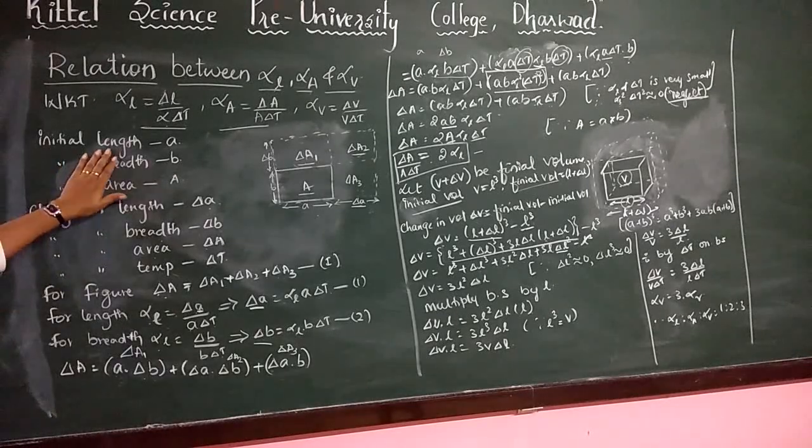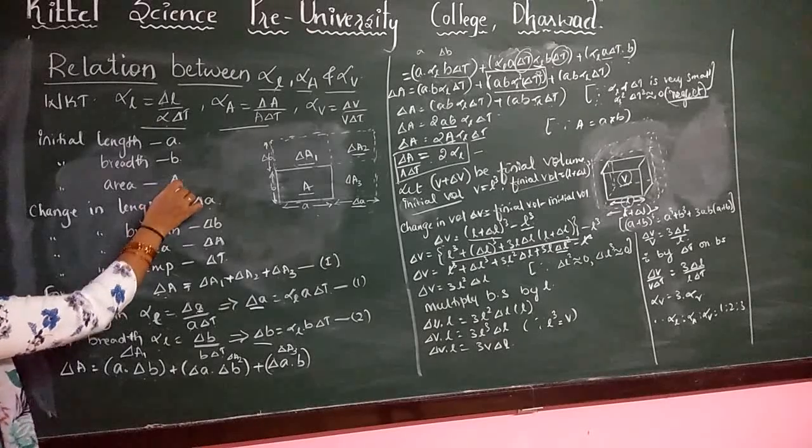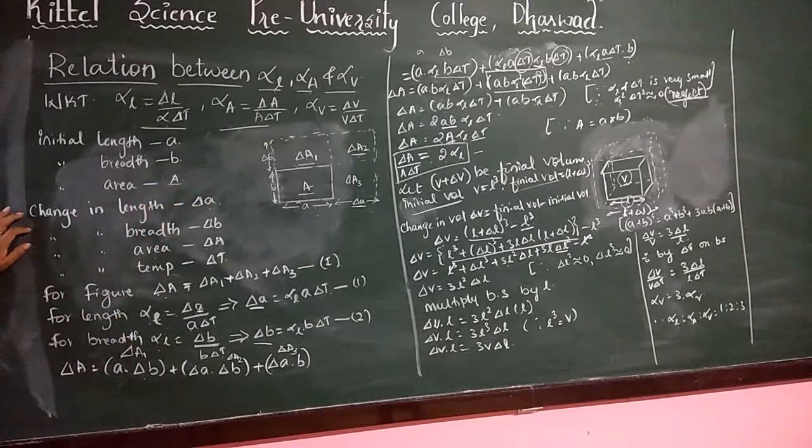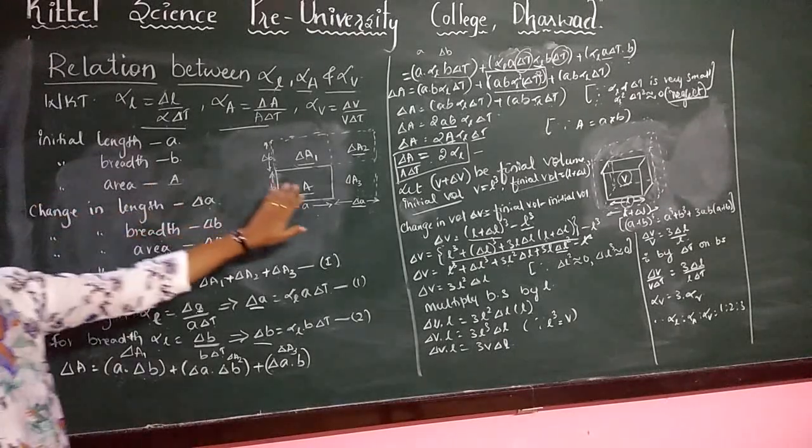So initial length is a, initial breadth is b, initial area is A. After the application of heat, there is an increase in temperature. Due to the increase in temperature, it undergoes expansion.